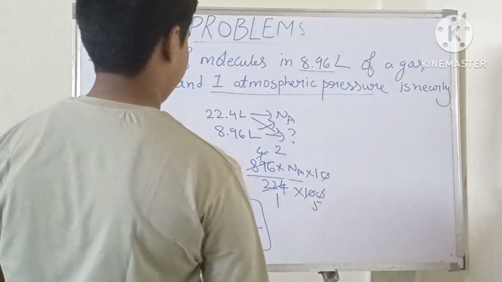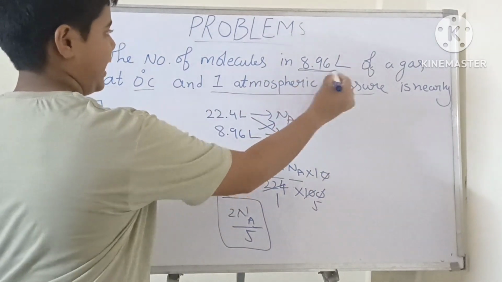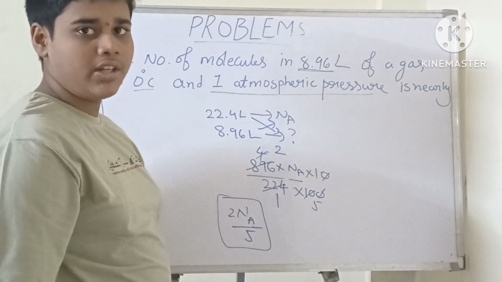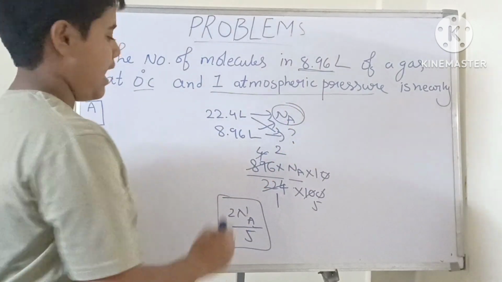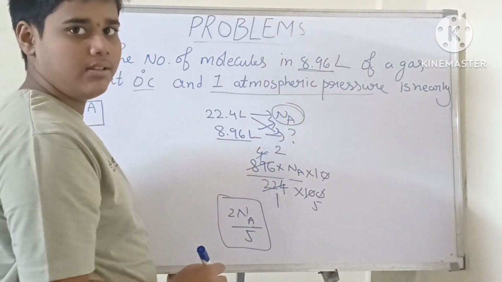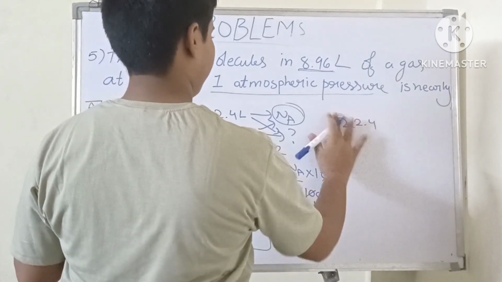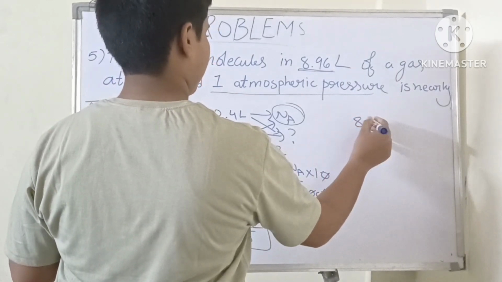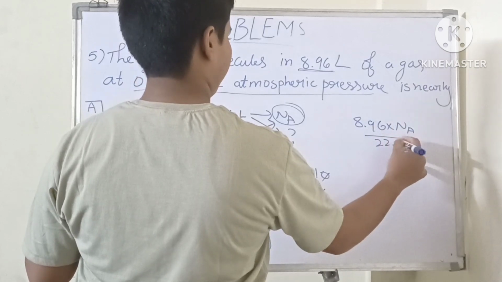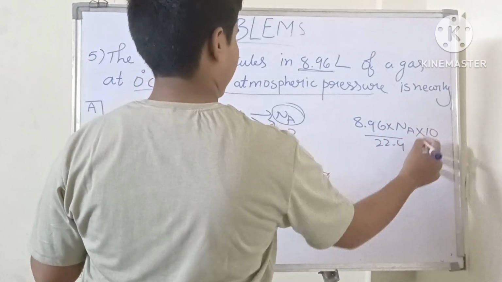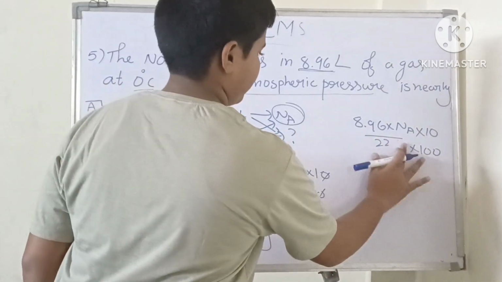And I will explain again. Here they are asking to find the number of molecules in 8.96 liters. In 22.4 liters, NA molecules will be present. And in 8.96, how much? So by cross multiplying, 8.96 into NA by 22.4 into 10 into 100 for removing points.